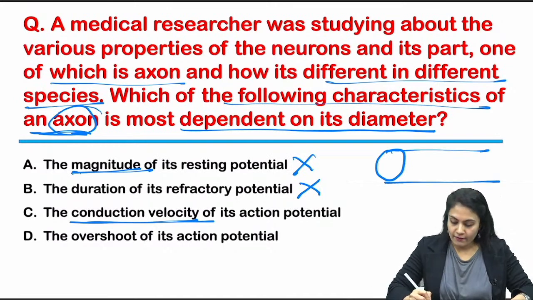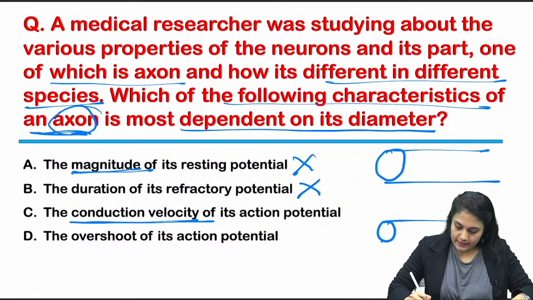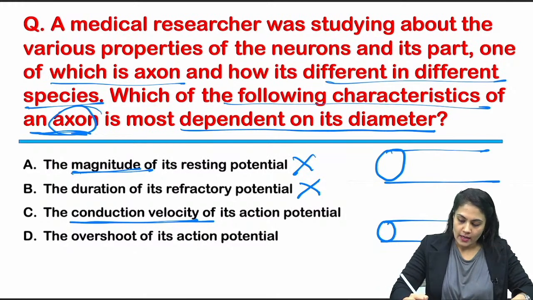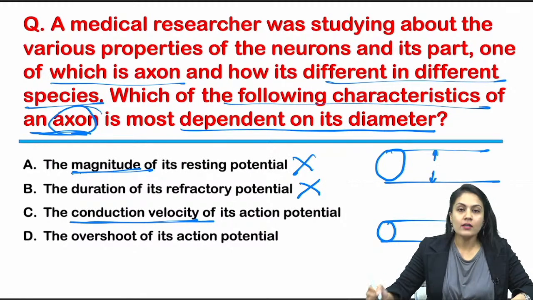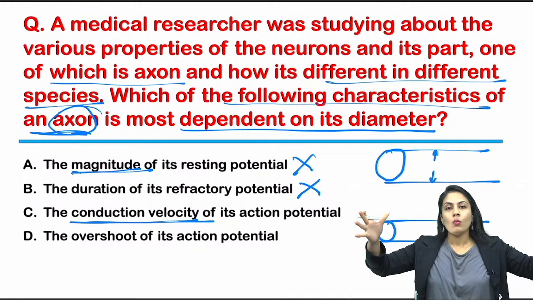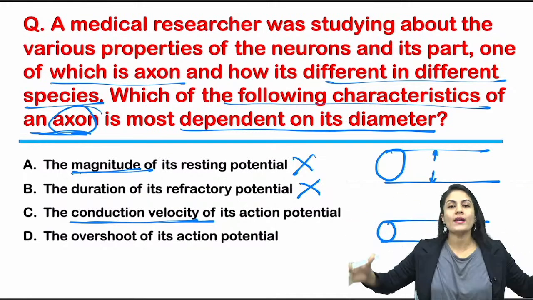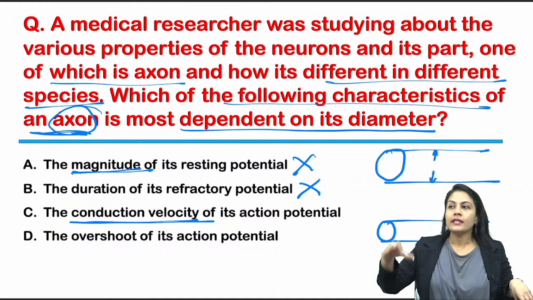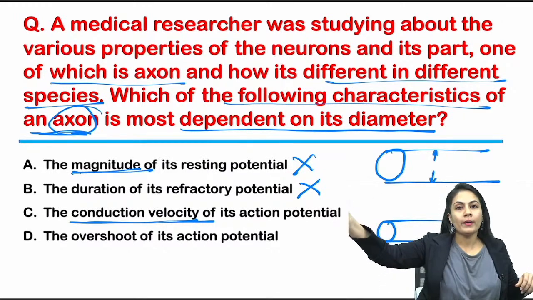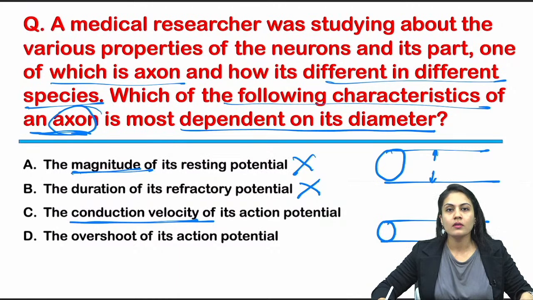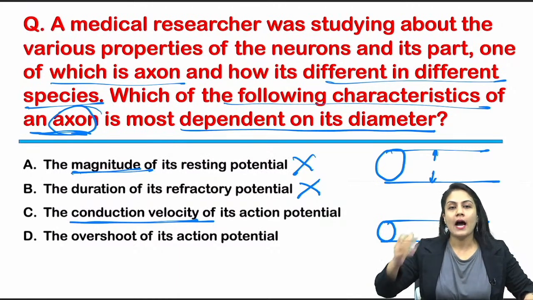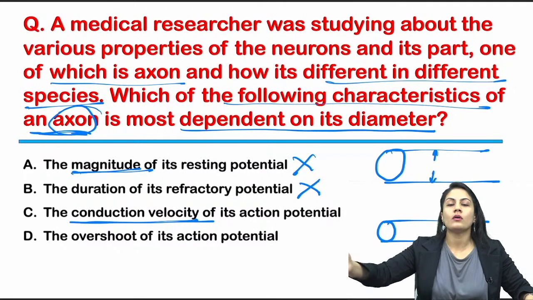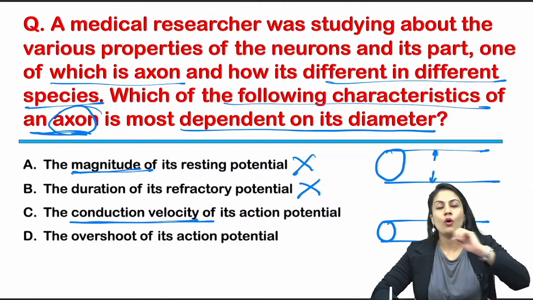over here if I say there are two nerves, right? If the diameter is wider, what is going to happen? Suppose there is one hall, and in the hall 10 students are sitting. Only one door is open and all other doors are closed, and I'm noting down the time it takes the students to get out of that room.